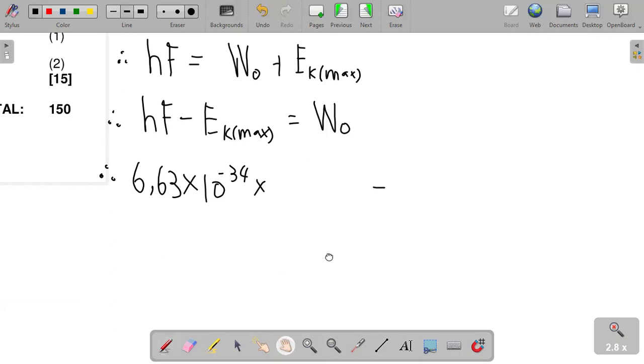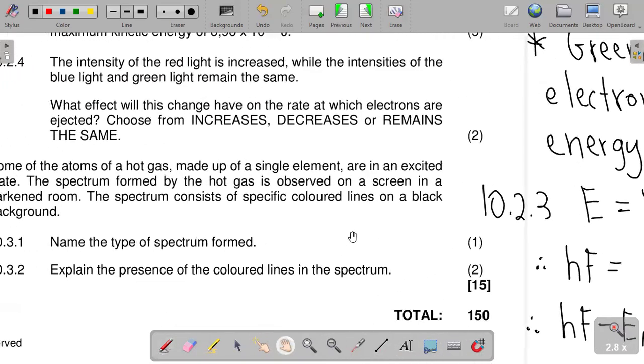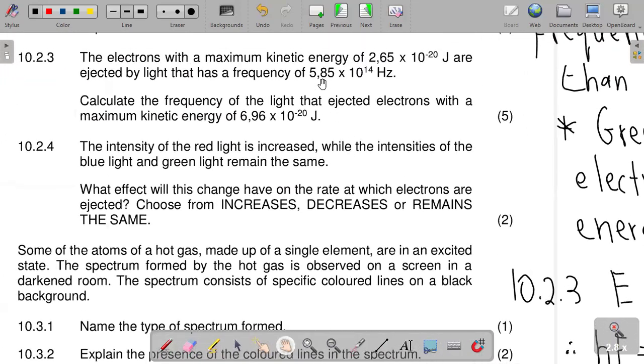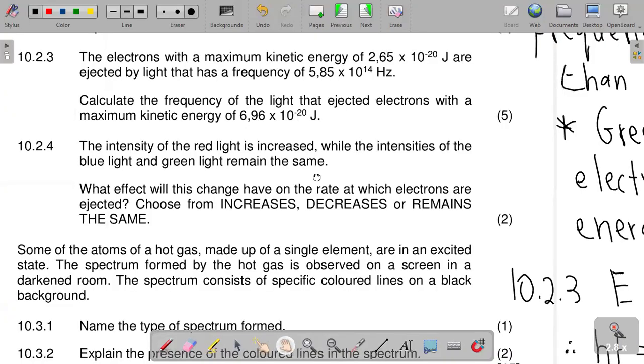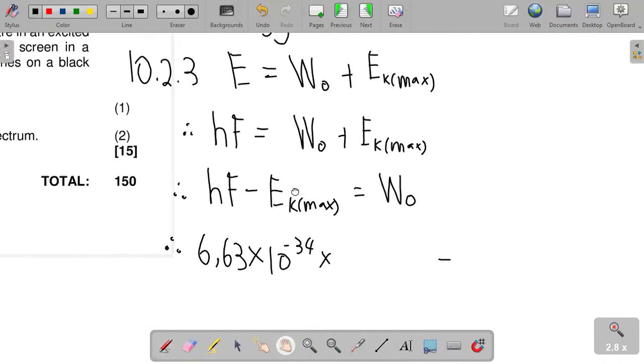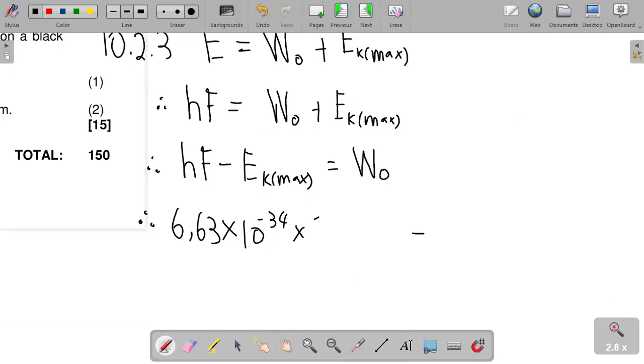So the frequency is how much? 5.85 times 10 to the 14.